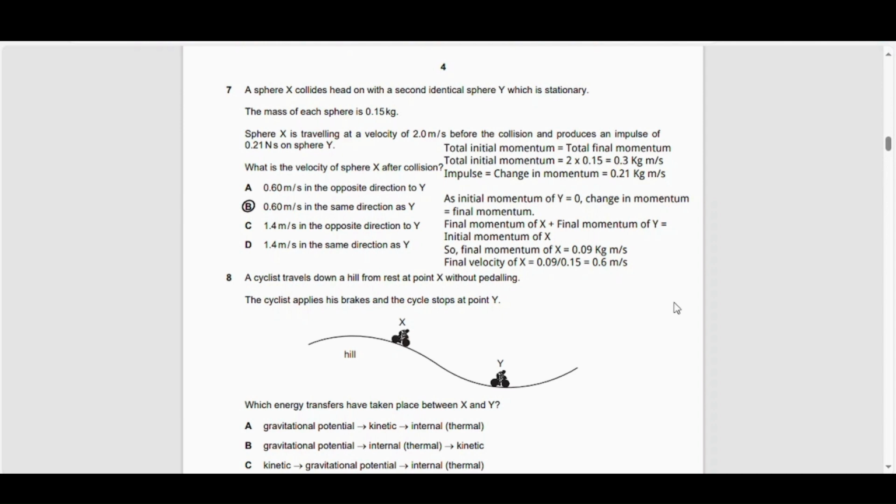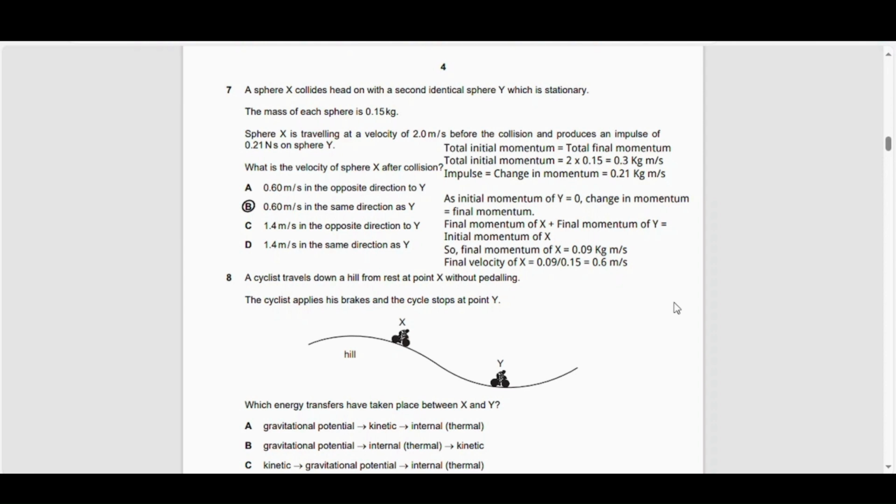So I always like to write down what is known and what we need to find in questions that involve calculations. So we know the mass of both the spheres, that's 0.15 kgs. We know that sphere Y is initially stationary, so it has an initial velocity of 0. We know that sphere X has an initial velocity of 2.